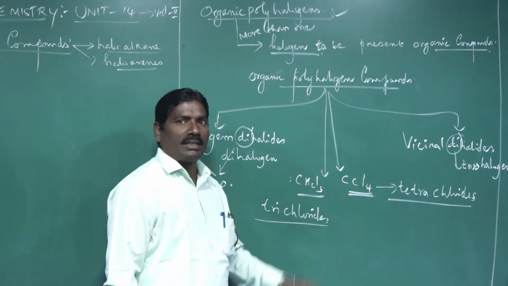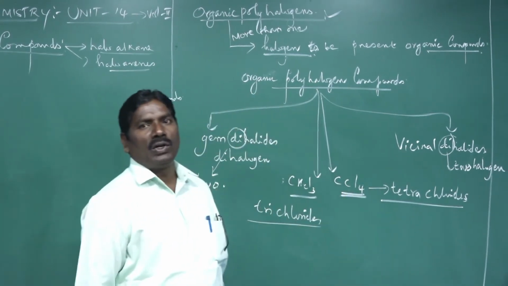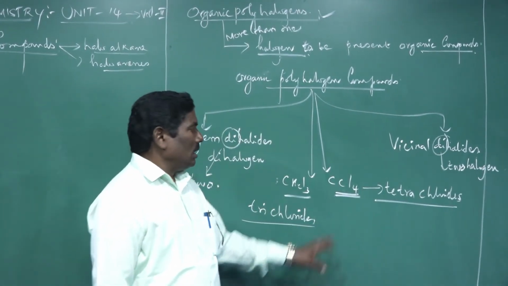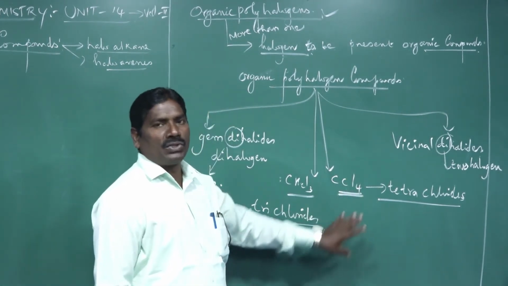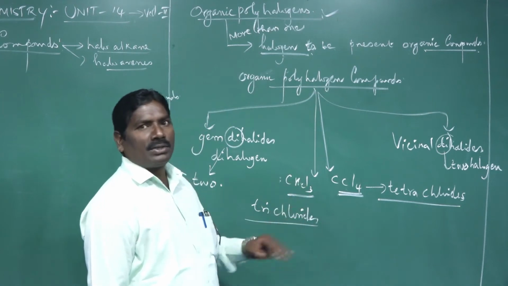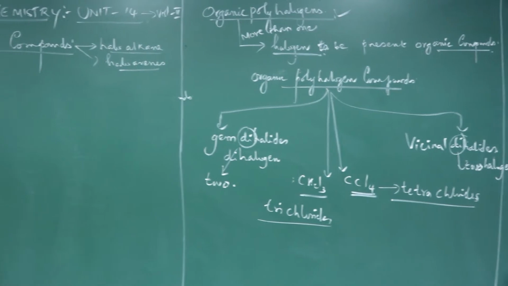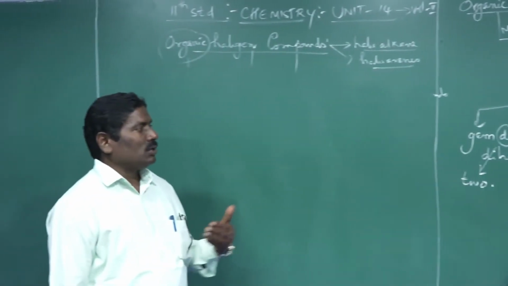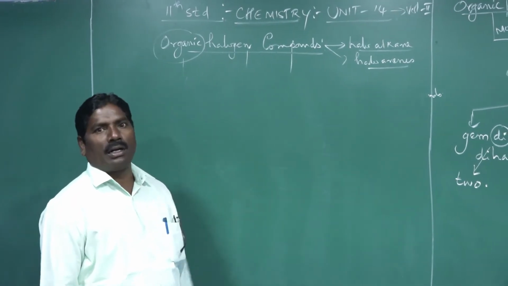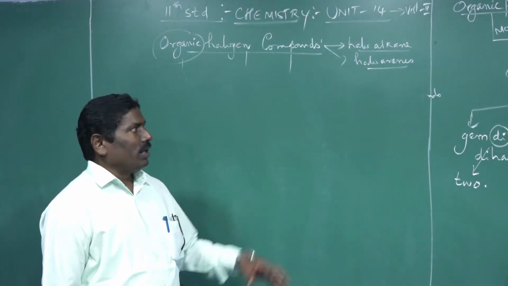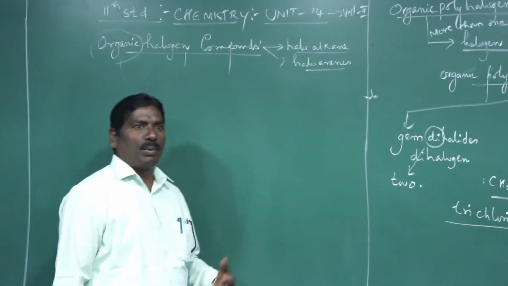Chloroform is the best anesthetic, and carbon tetrachloride is the best solvent, since all organic substances dissolve in it. So it is very important for the medical field and industrial organic chemistry. That's why we study these compounds, their preparations, uses and properties.